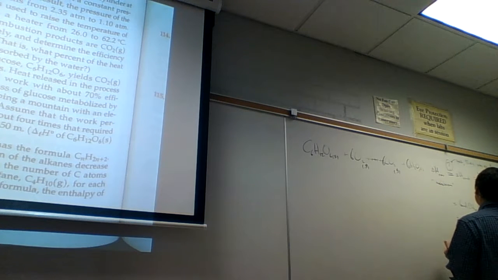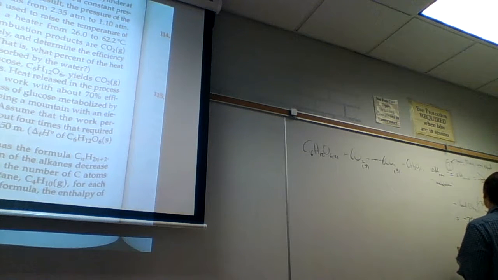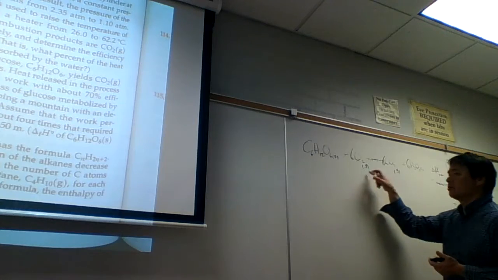The sign's very important. Negative 2802.5 kilojoules. That's per reaction as written. The moles cancel out. This is kilojoules for this reaction as written.